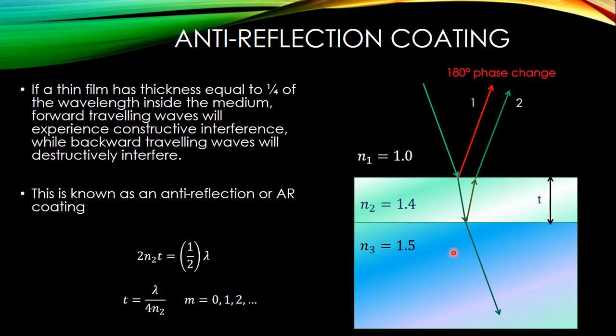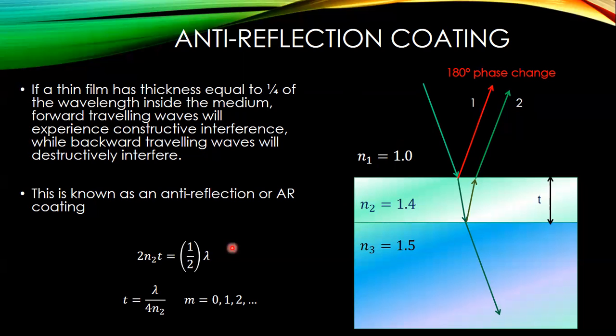So what we can do to normal glass, let's say that this is crown glass at about 1.52 for an index of refraction, we can coat it with a slightly lower index of refraction material, and the first and the second reflections are going to cancel each other out, and effectively we won't have a lot of these internal reflections.